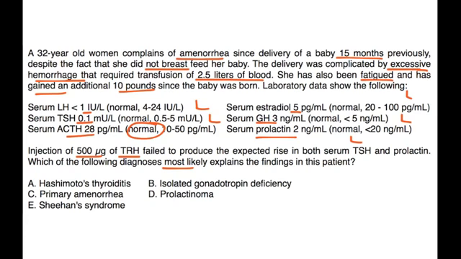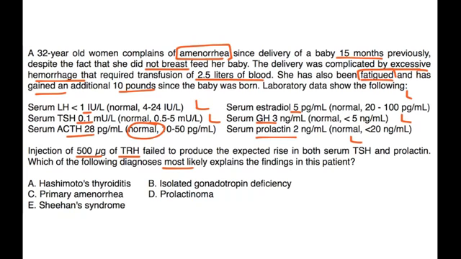And notice she is experiencing a lot of the symptomatology associated with these hormones being low. For example, FSH and LH being low resulted in her amenorrhea, and then she's showing a lot of the hypothyroid symptoms, fatigue and gaining weight.